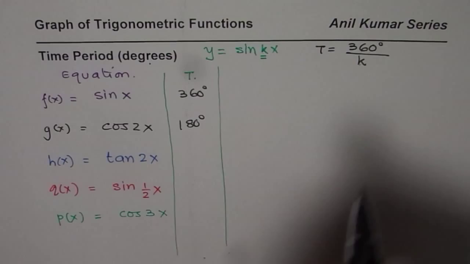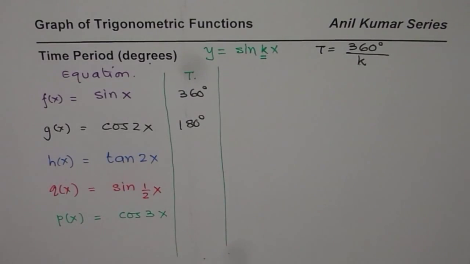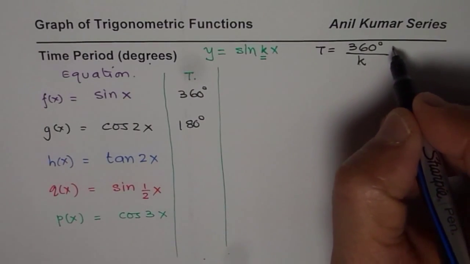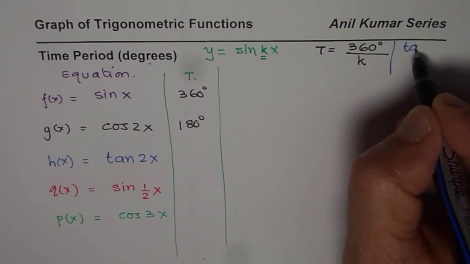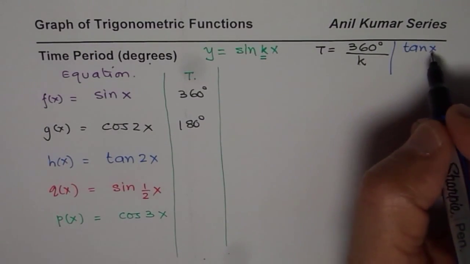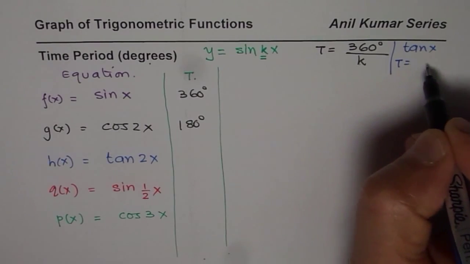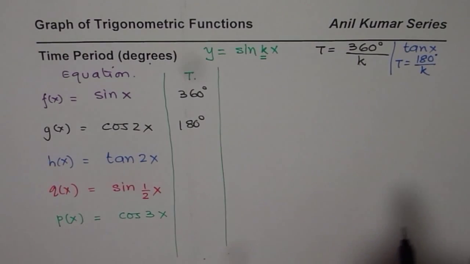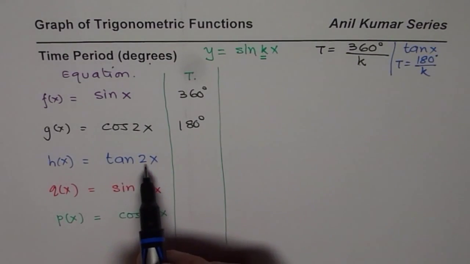Now tan is very special. As far as tan x is concerned, the time period is equal to 180 degrees divided by k, right? Tan repeats after every 180 degrees, not after 360 degrees, correct?